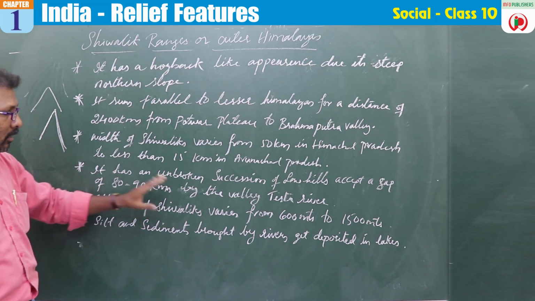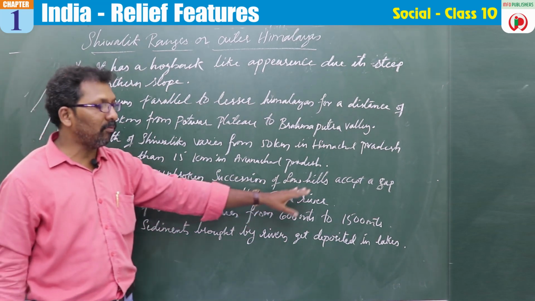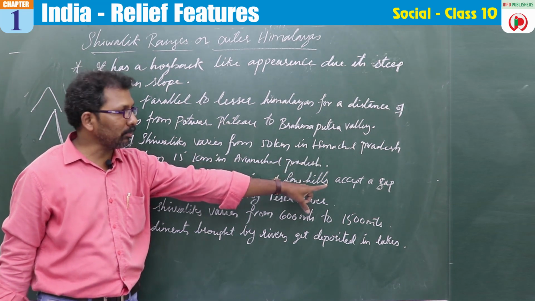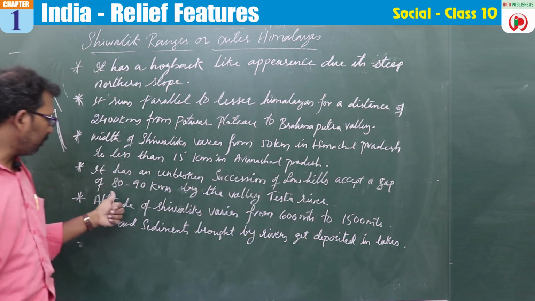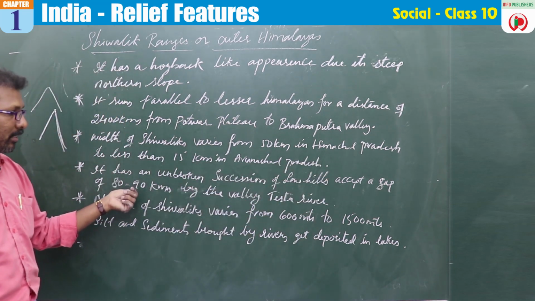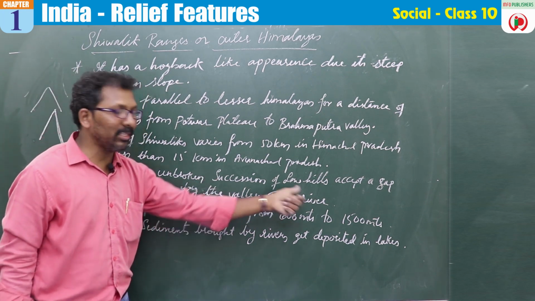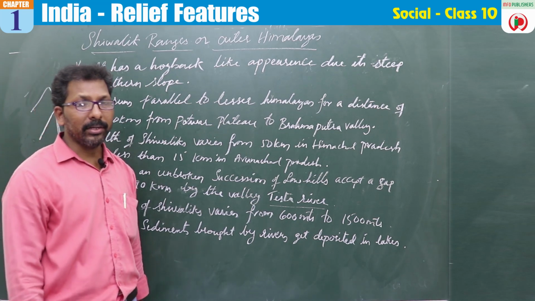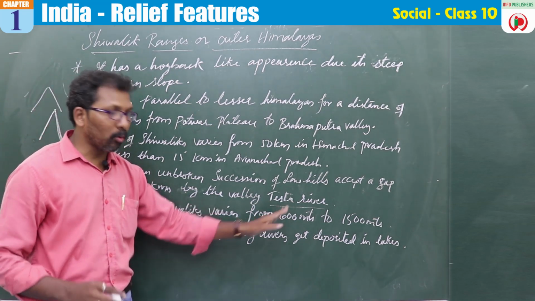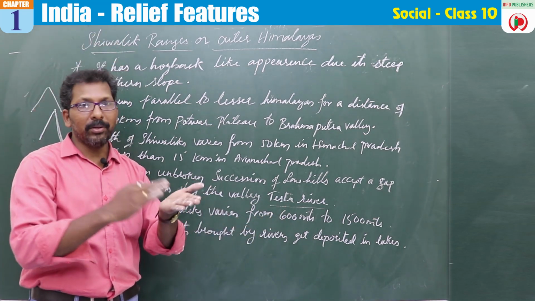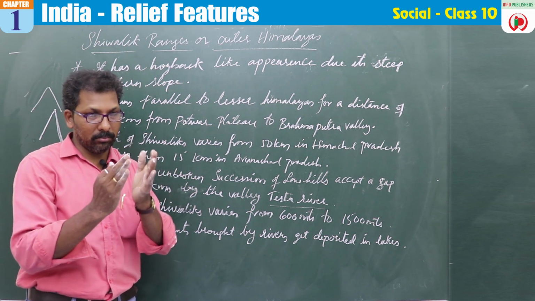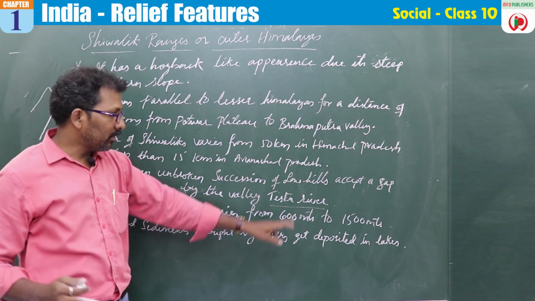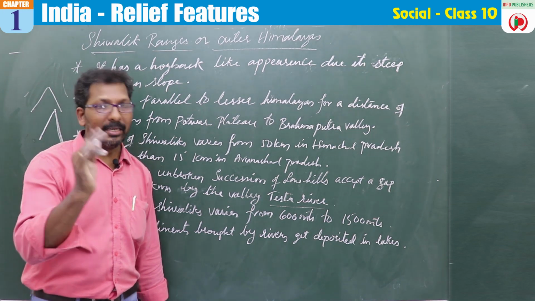And it has an unbroken succession of low hills except a gap of 80 to 90 kilometers by the valley of Teesta River. Now, where is Teesta River? Teesta is flowing in Assam, between the Bay of Bengal and Assam. There flows the Teesta River.